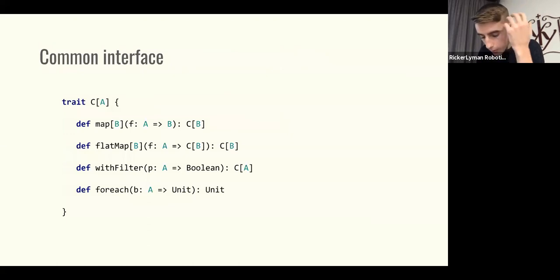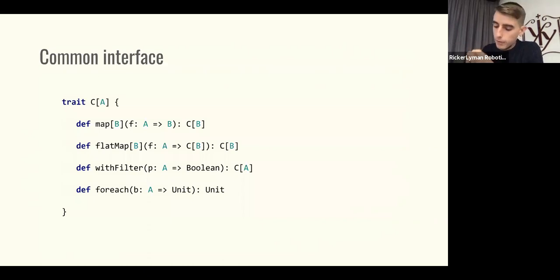So you may think about the common interface which can be used within for comprehensions, and it could look something like that. So there is a map, flatMap, withFilter or filter, and there is a foreach.